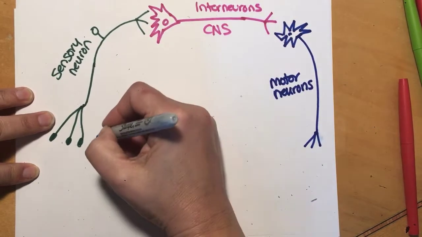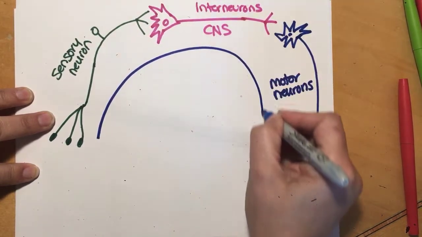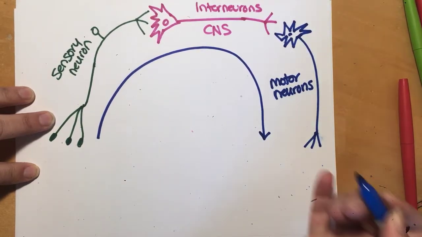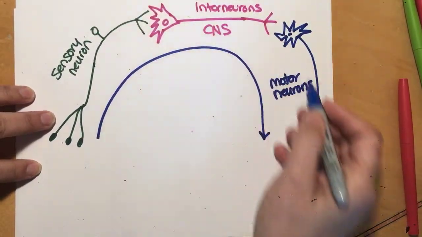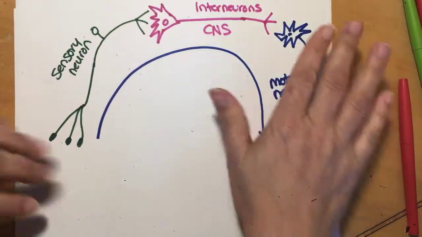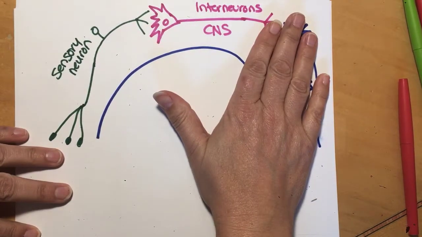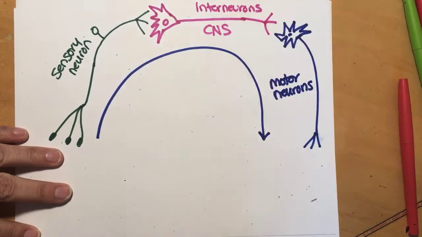And again, the entire thing goes in this direction. It doesn't make sense to go that way. So we're going in one direction, and for my hand being on the paper, if I decide I want to pick it up, the skeletal muscles will contract and pick my hand up.